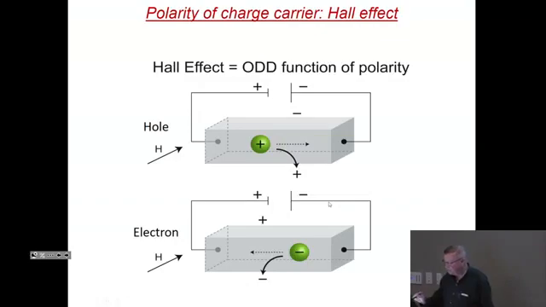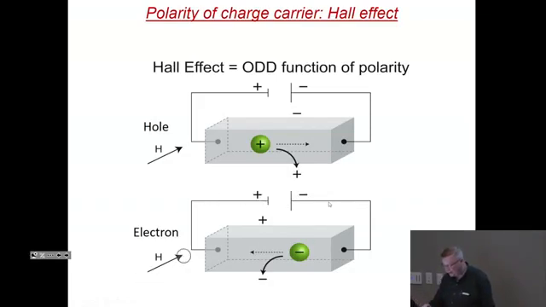Let me do it for you. Plus to minus, so the current flows this way, and if it's holes, they flow in the direction of the current. The Lorentz force deviates them to the bottom. Good, so this becomes more positive than that. If, on the other hand, you carry an electron, so negative polarity, the carrier moves in the opposite direction.